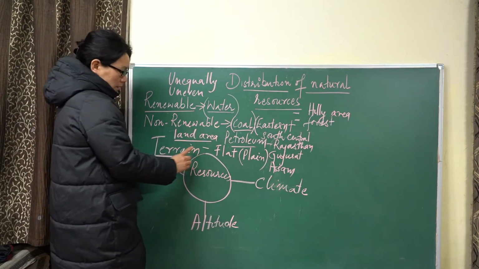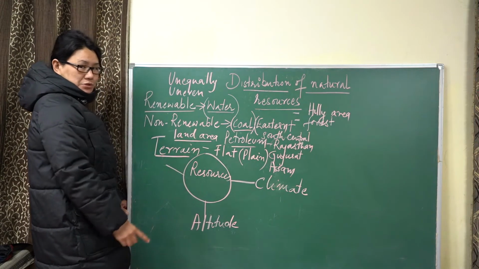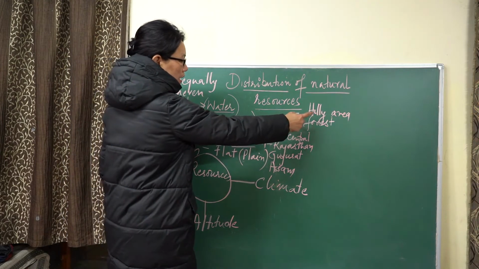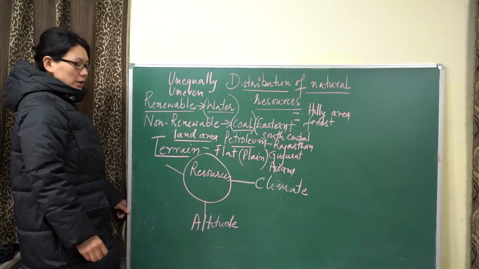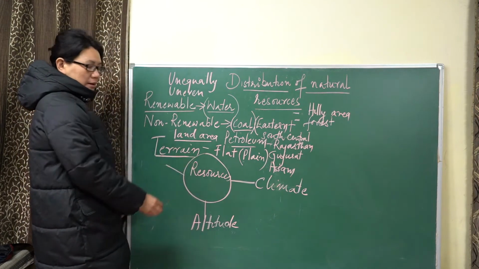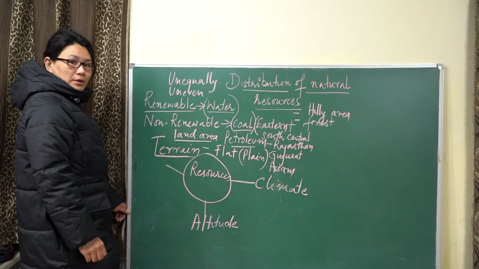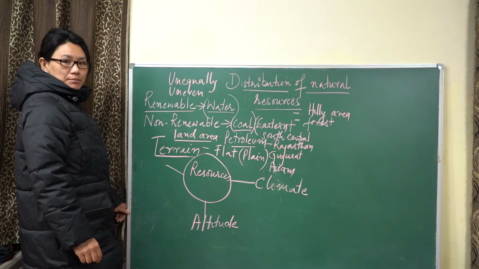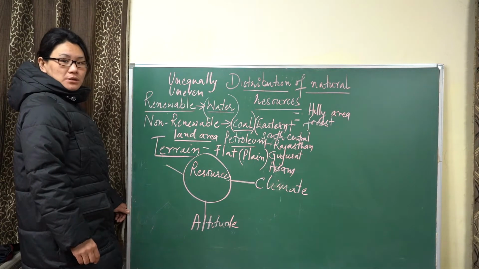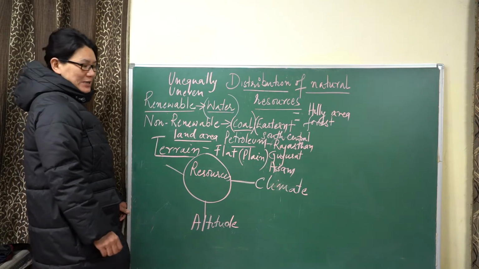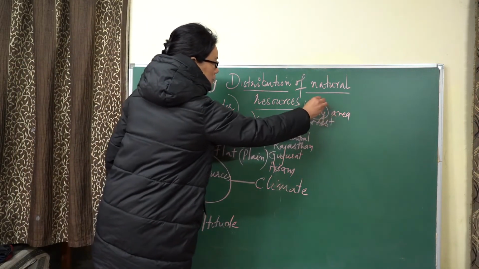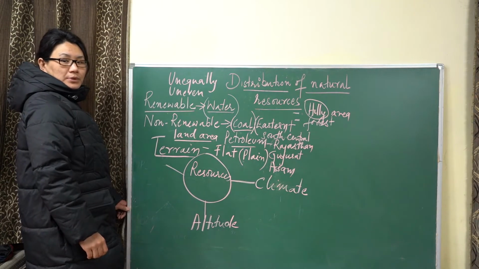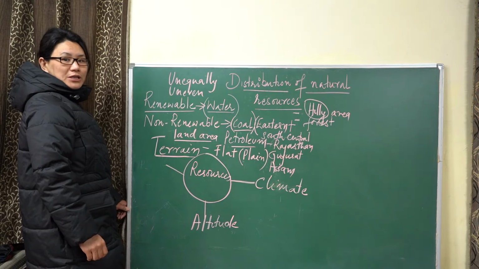Now see here, for terrain, I have given three examples: plain area, hilly area, or forest area. Now, this terrain in India is not the same. It differs. In some parts of India, we find only hilly areas, for example, the Himalayan region of India.